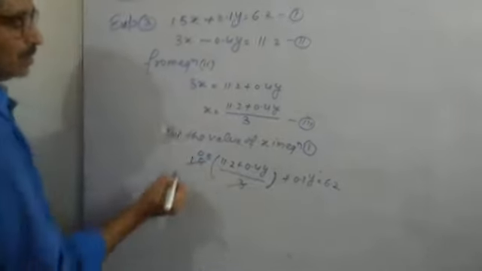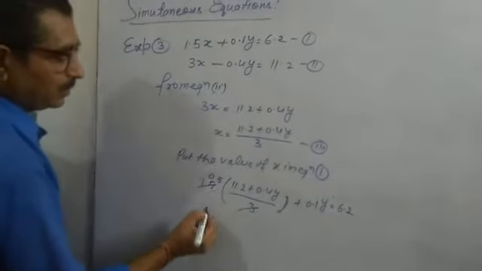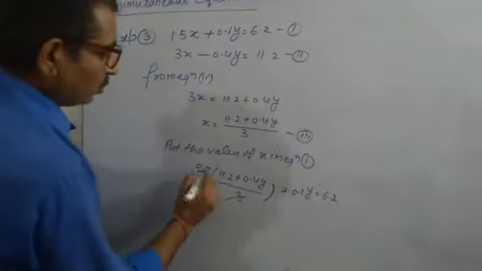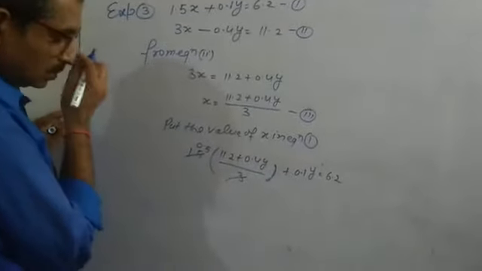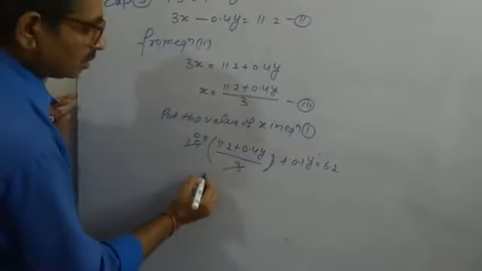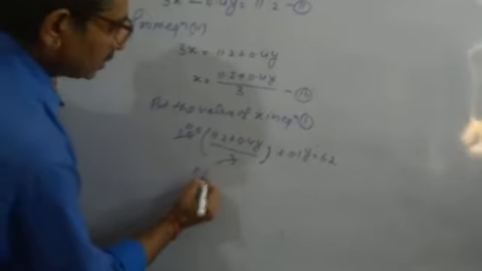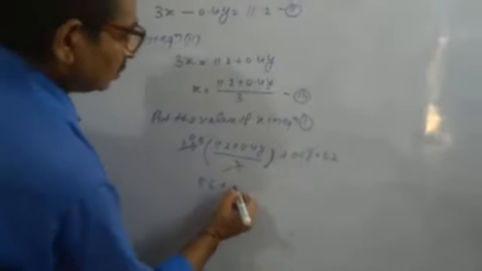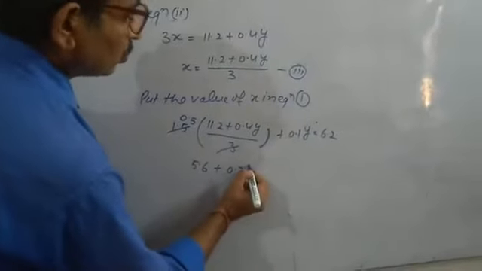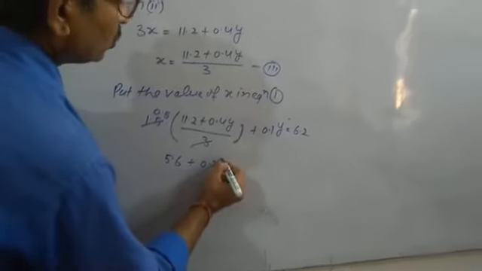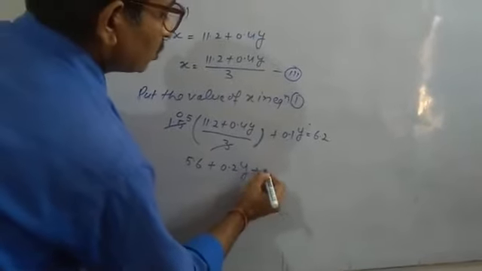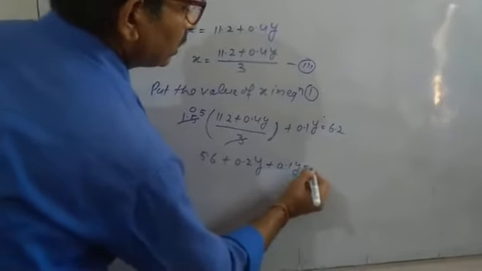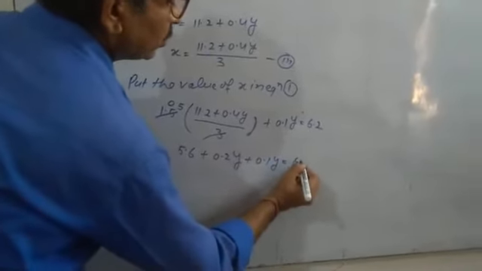3 fives are 15, 0.5, 11.2 into 0.5, 5.6 plus 0.2y plus 0.1y equal to 6.2.